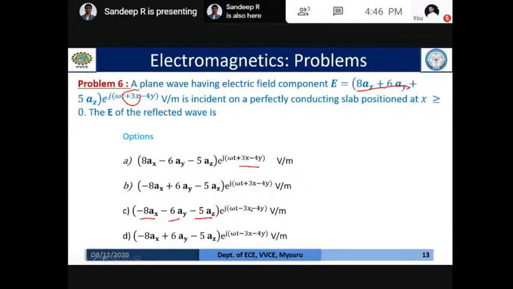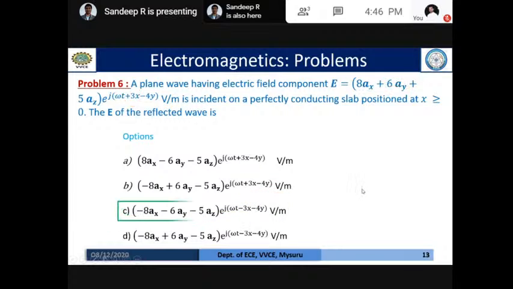The rest is all the same. Here you have to multiply the magnitude by minus, and change the sign of x to minus 3. So minus 8ax minus 6ay minus 5az into e power j omega t minus 3x minus 4y volts per meter. So this is the option for the answer.